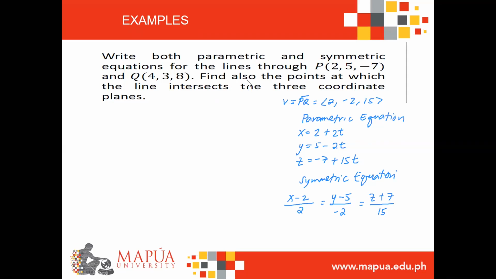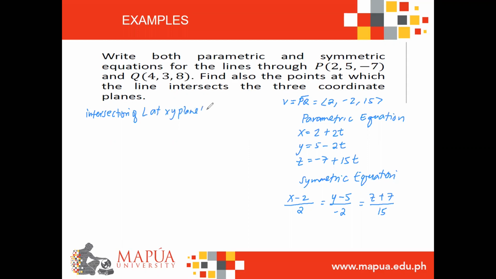So let us now find the points at which the line intersects the three coordinate planes. So we will use this parametric equation of your line L. So we have the intersection of your line L at the xy plane.